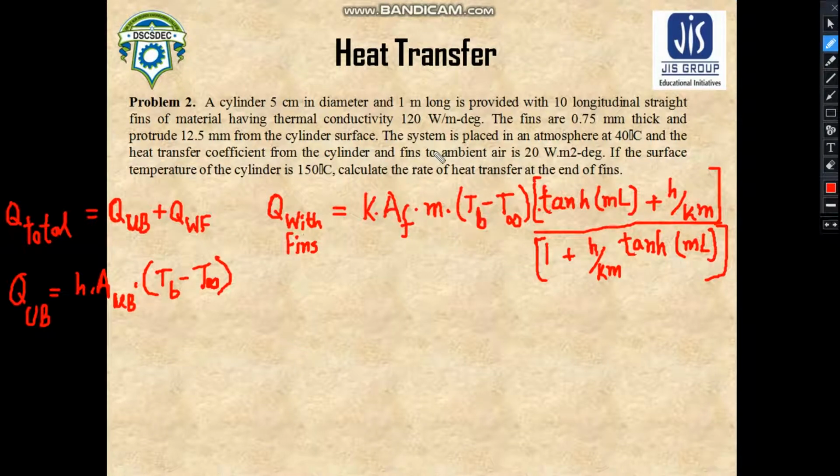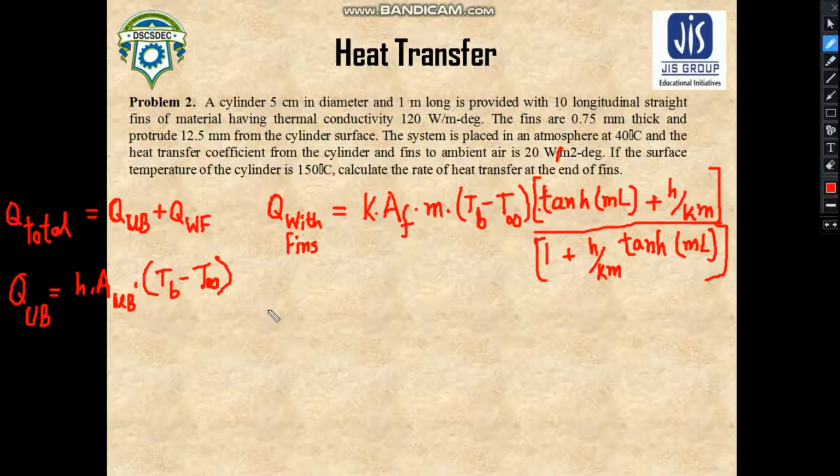The system is placed in an atmosphere at 40 degrees Celsius and the heat transfer coefficient from the cylinder and fins to ambient air is 20 watt per meter square degree. If the surface temperature of the cylinder is 150 degrees Celsius, calculate the rate of heat transfer at the end of the fins.